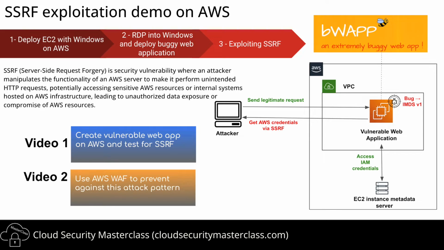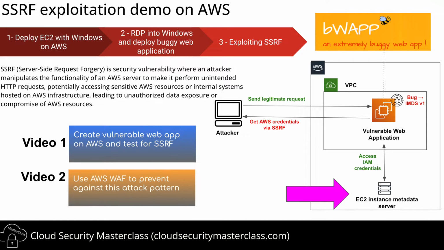In the case of AWS, the specific vulnerability that we are looking to exploit here is the access that EC2 instances have to the EC2 instance metadata server, and this metadata server stores important credentials that are used by the EC2 to access AWS resources. What the attacker is trying to do in this attack is manipulate the web application, because of the intentional vulnerabilities that we are putting into it, making the web application reach out to this server, grab those credentials, and return them as an output of that web application.